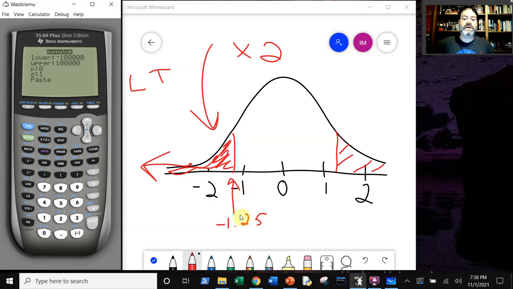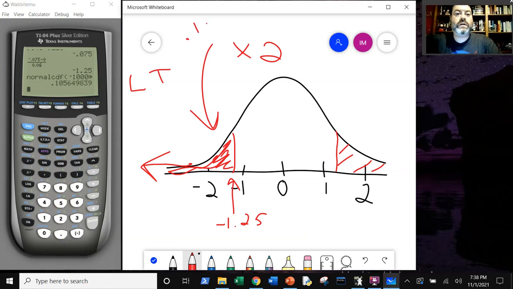So that's where it stops here at negative 1.25. 0 and 1 stay the same. And you get 0.105. And all I'm going to do, 0.106. Look at me not rounding properly. 0.106. I'm just going to multiply that by 2, and I'm going to get 0.212.